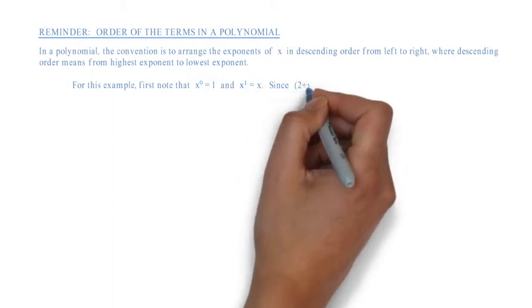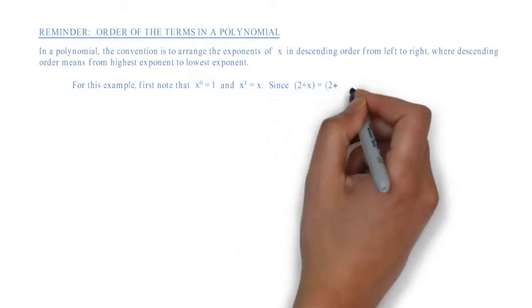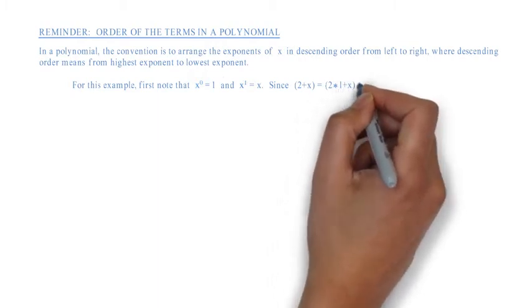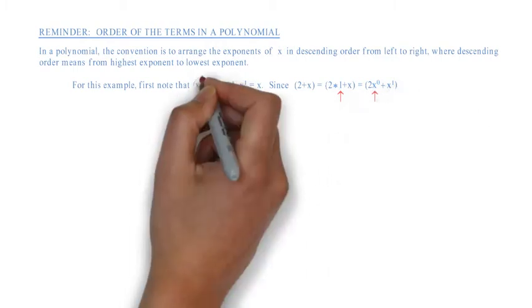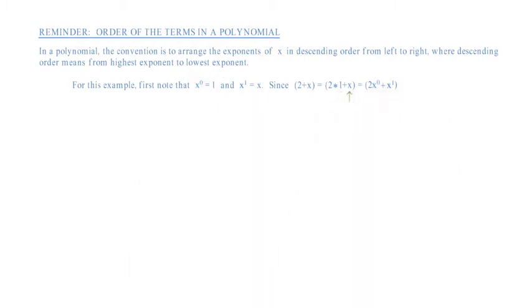Since 2 plus x equals 2 times 1 plus x equals 2 x to the naught plus x to the 1, replacing 1 with x to the naught because x to the naught equals 1, and replacing x with x to the 1 because x to the 1 equals x, equals x to the 1 plus 2x to the naught because exponent 1 is higher than exponent naught, equals x plus 2.